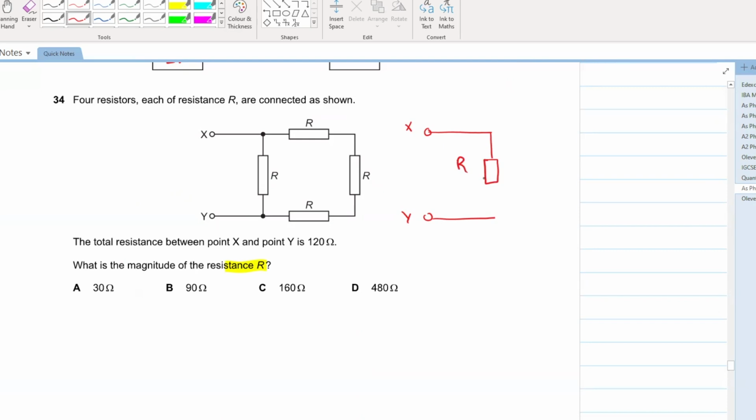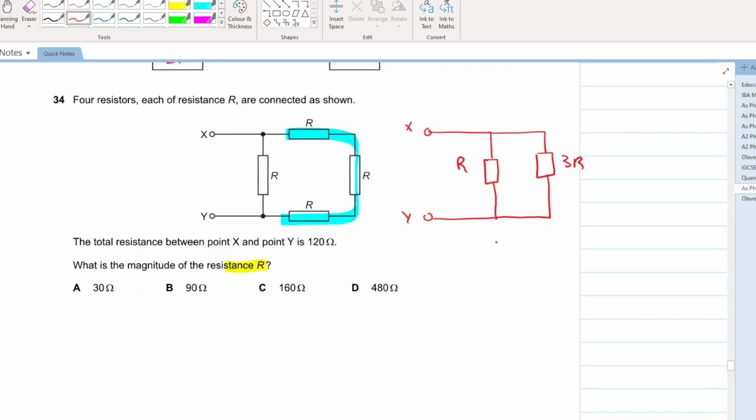But beta, if you are good at physics, you will realize one more thing. These three resistors are in series. This will become 3R. Simple as that. This is R, this is 3R. Can you calculate the total resistance in parallel?